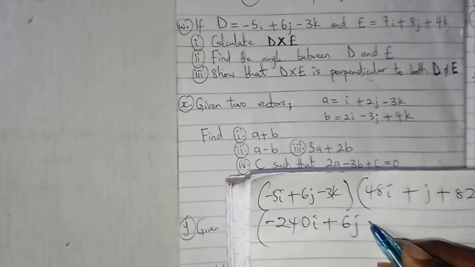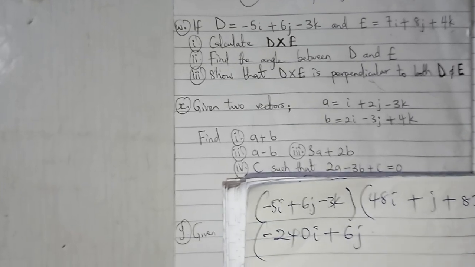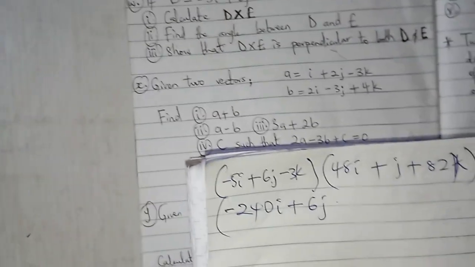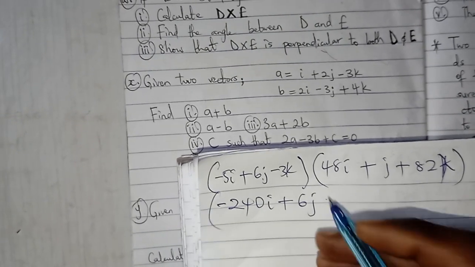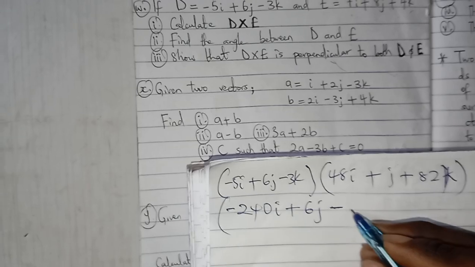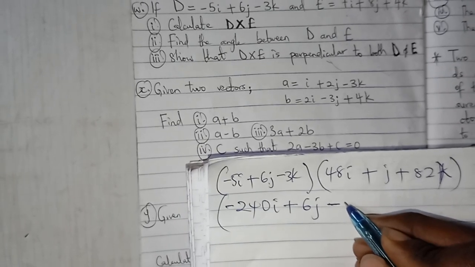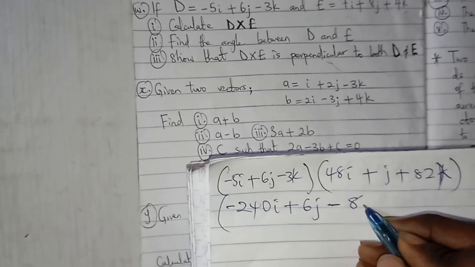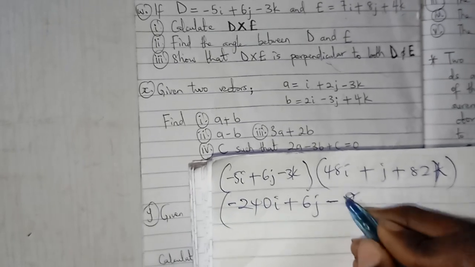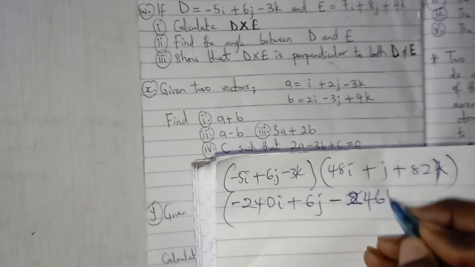Then 3 times 82, notice it is minus 3, so it's going to be minus 246K.